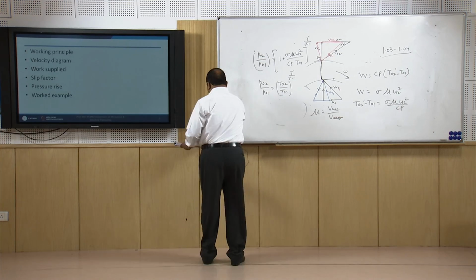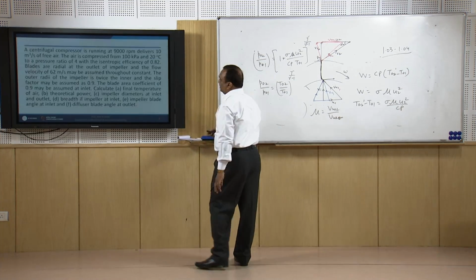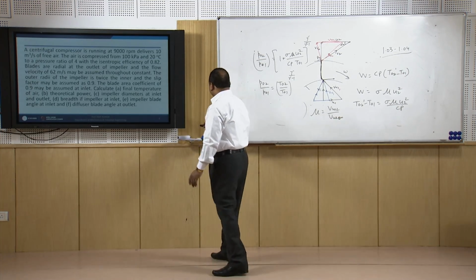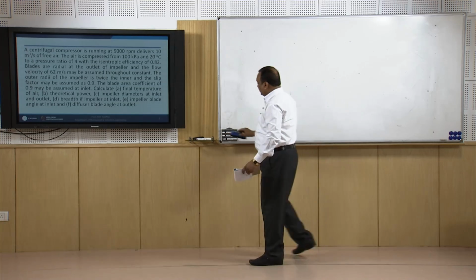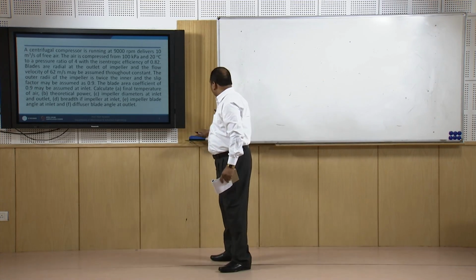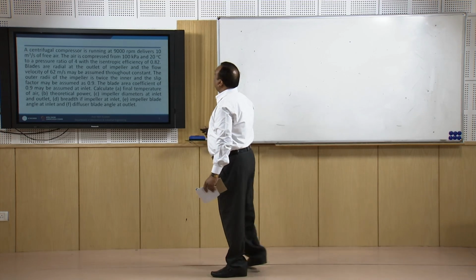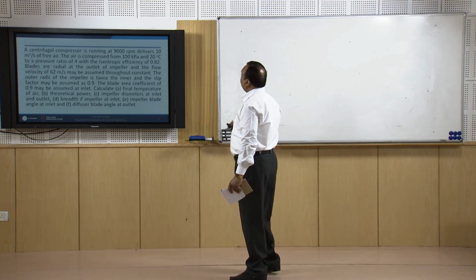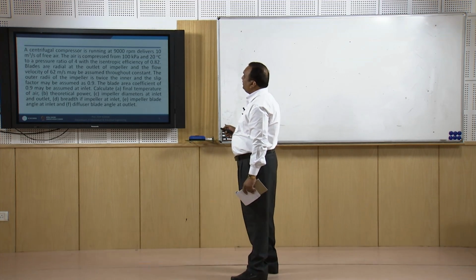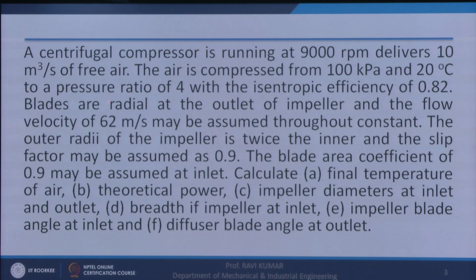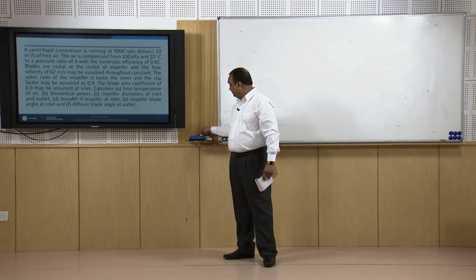Now, we will solve one numerical on a centrifugal compressor. So, quickly we will solve this numerical. A centrifugal compressor is running at 9000 RPM, delivers 10 meter cube of free air. Free air means air available at atmospheric pressure and temperature.